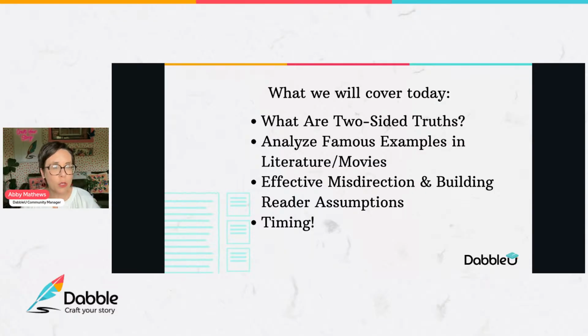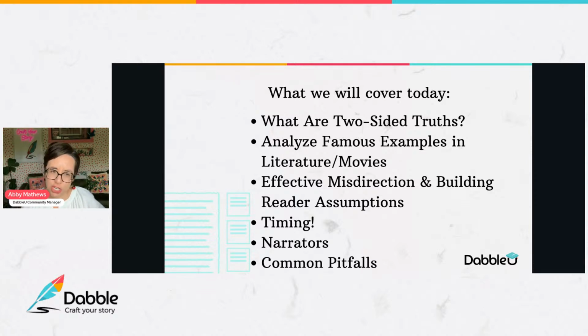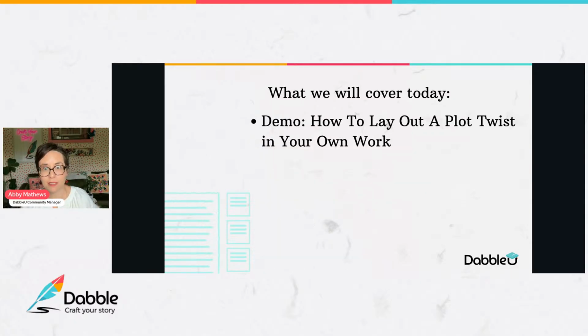So, where are you going to reveal this beautifully crafted plot twist of yours? We're also going to talk about narrators, and your narrator can play a really big role in the delivery of your twist. And last, we're going to talk about some common pitfalls because no one likes a cheater. You've got to play fair in all of this, so we're going to talk a little bit about what's playing fair and what's not.